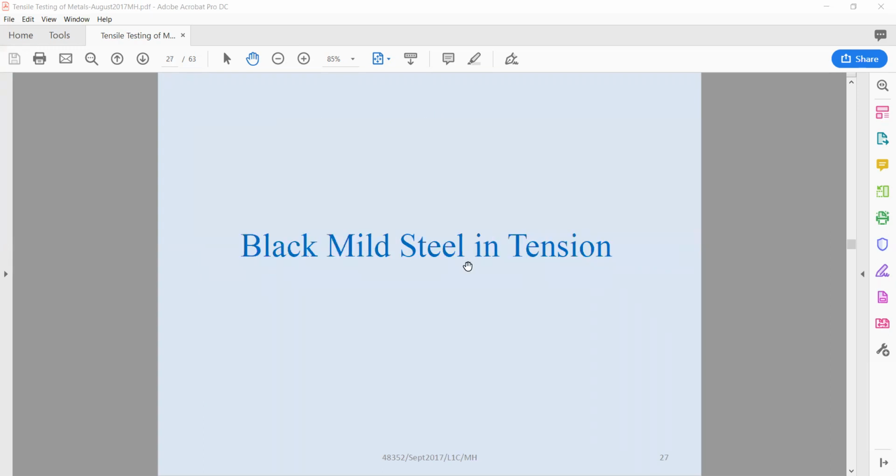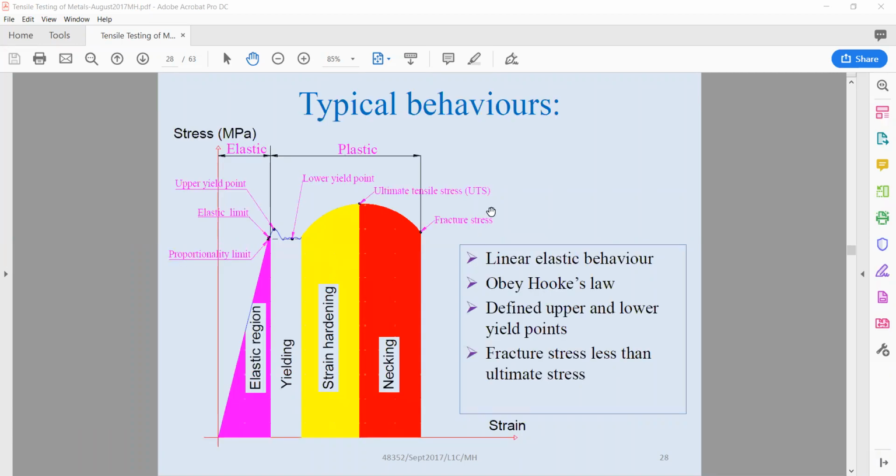Now, in this lab, usually in tensile lab classes, 2 samples are tested, mild steel and cast iron. This is just to show students the difference between ductile and brittle materials. So when you test a ductile material like black mild steel, which is low carbon steel, you will see this type of curve.